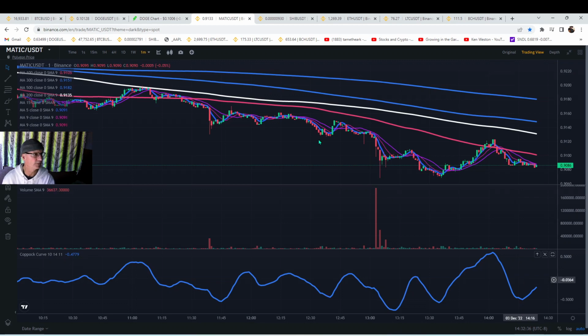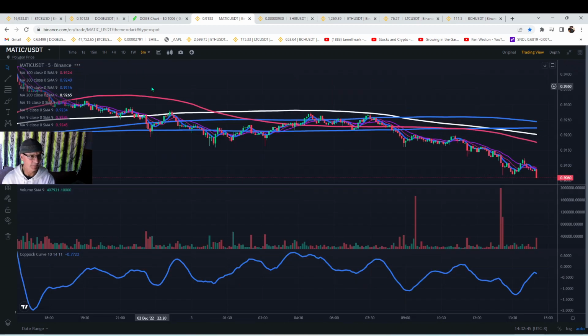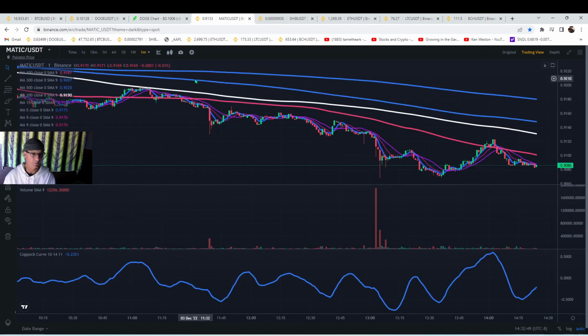So that's interesting. That's on the 1 minute. The 3 minute, 5 minute. Of course, it gets skewed more with that, but I like the 1 minute showing the short-term buy and sell.